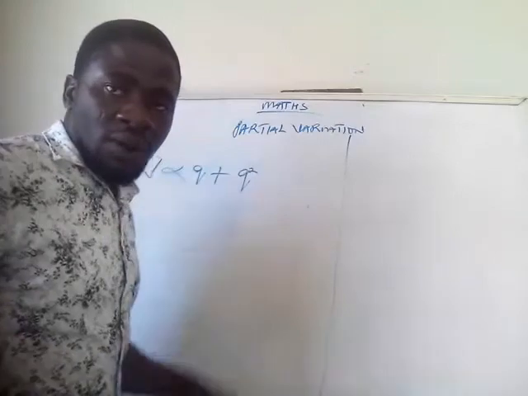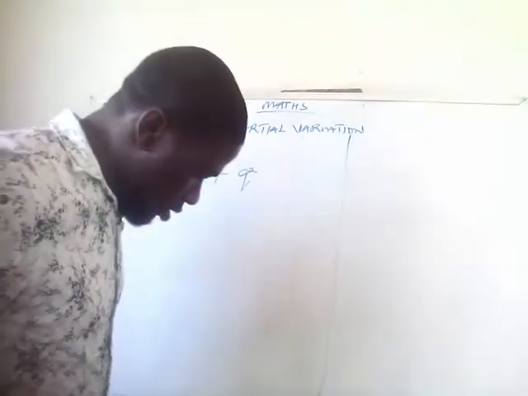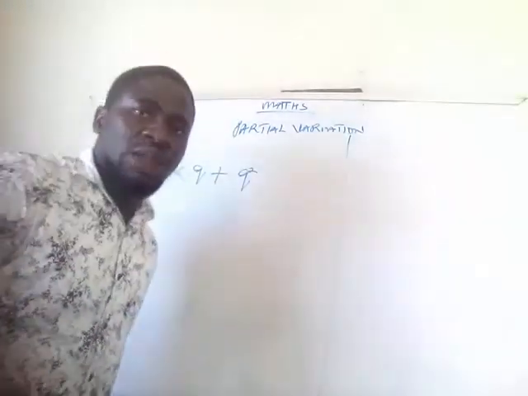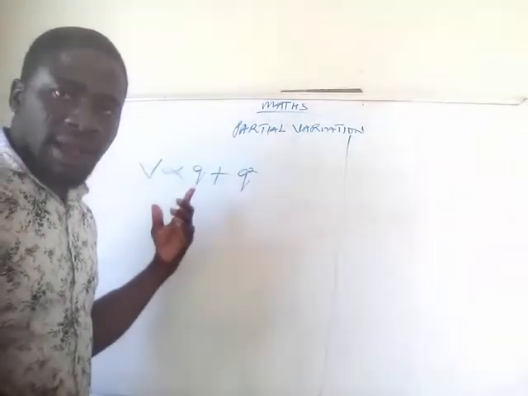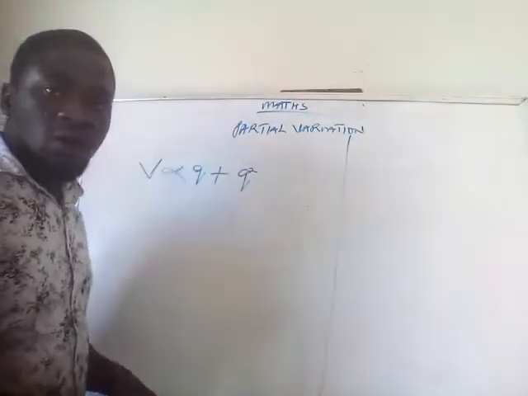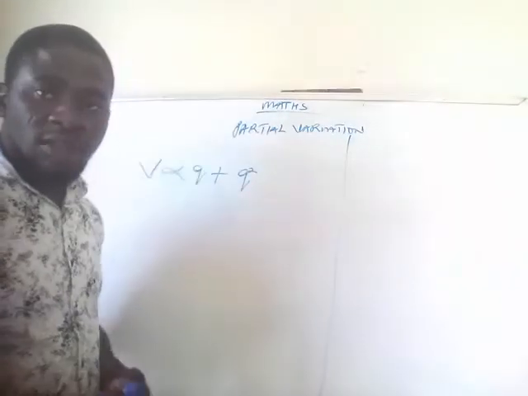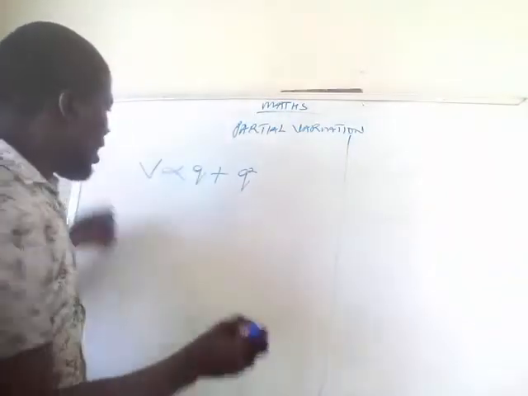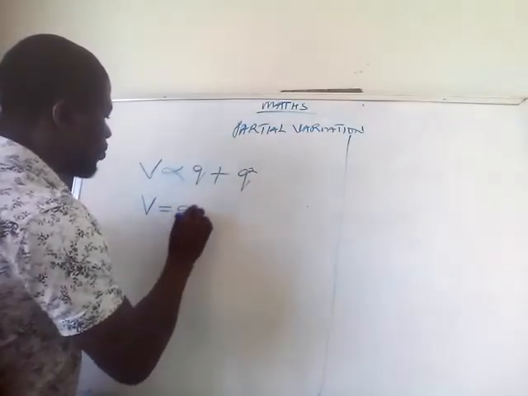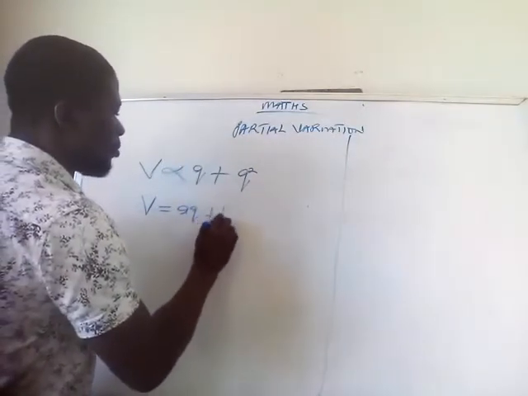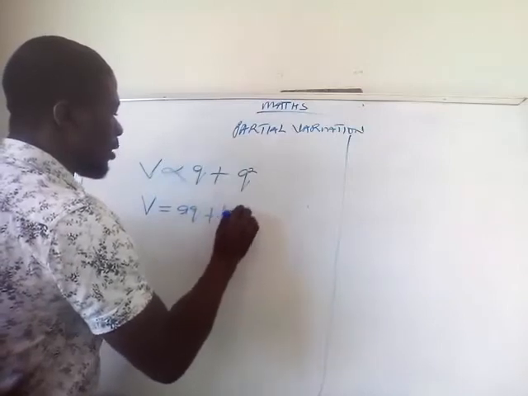This is what the statement is saying. So what we will do now is to remove the proportionality sign, then put in the constants, like I told you, a and b. So we have v equals aq plus bq squared.